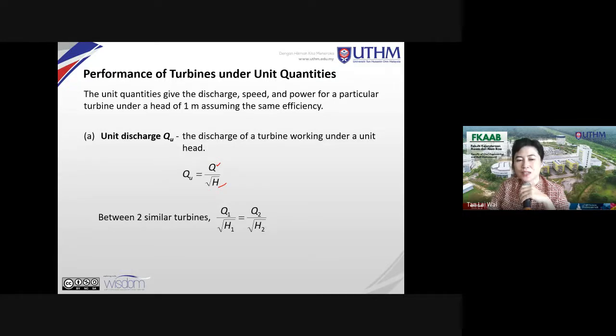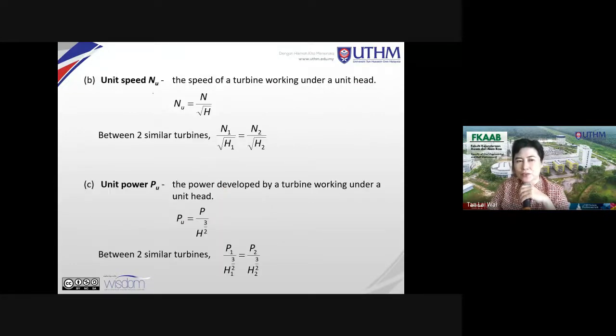It doesn't matter to the power of whatever. This is H to the power of half. And then unit speed is N over H, unit power is P over H. So I hope you can distinguish between the similarity laws and also unit of these quantities.